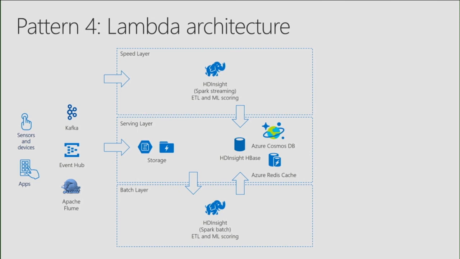And the idea behind Lambda architecture is natural based on the patterns that we have covered so far. It just makes a final logical conclusion. So the Lambda architecture idea is combining the real-time data processing with batch data processing.